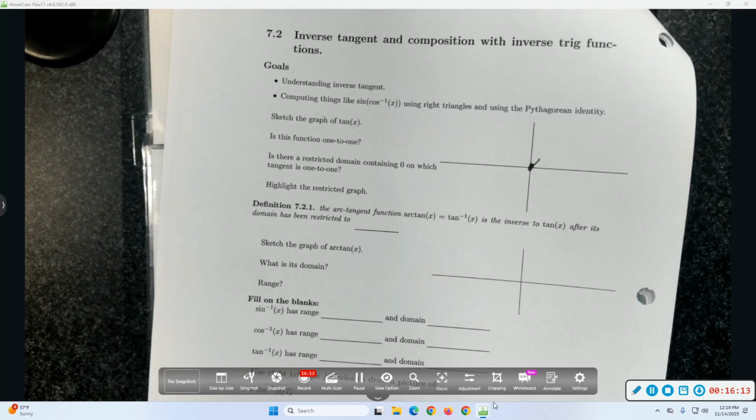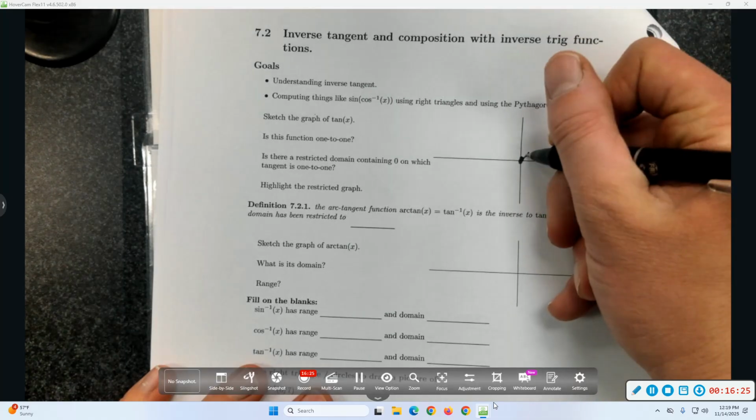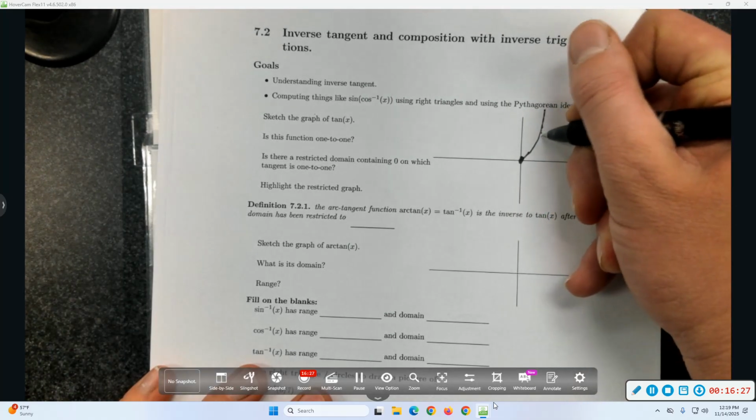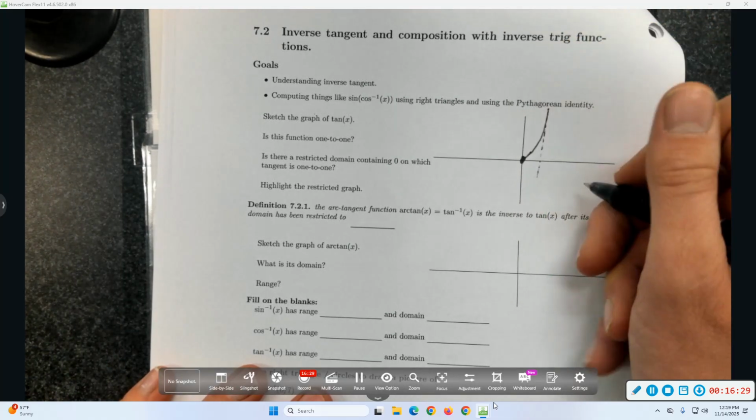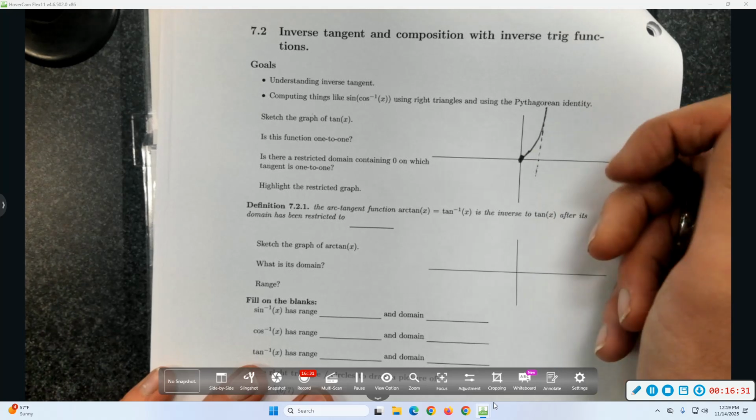What's the slope of a vertical line? Well, it's like a trick question, right? Undefined or infinity. There's a vertical asymptote. So that happens at a right angle. What's the radian measure of a right angle?